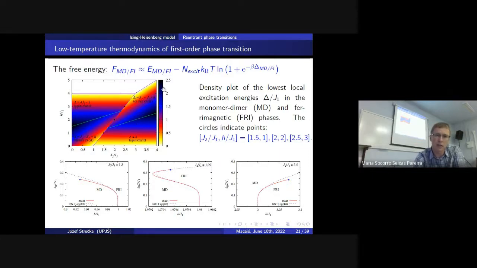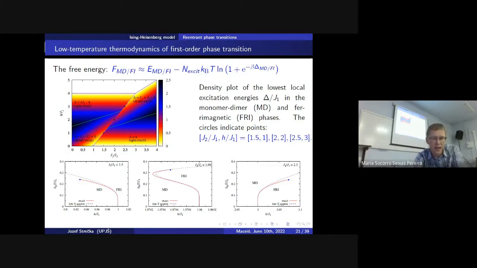Here is the ferrimagnetic state, and here is the monomer dimer state. And what one can see is that if we are below 2, there is more light color on the side of the ferrimagnetic state. What does it mean? It has a lower energy gap. And if it has a lower energy gap, it can gain higher entropy.